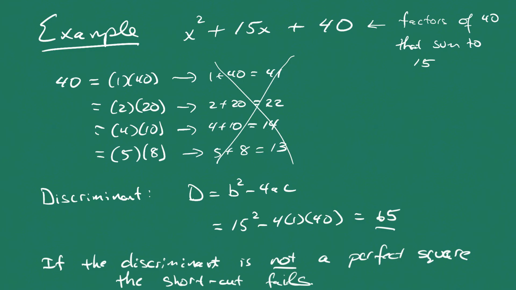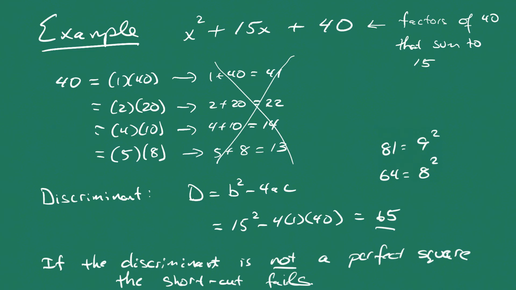And so one thing that we can do is to say, all right, well, 65 is not going to be one of our perfect squares. We have 64 on one side, which is 8 squared. We have 81 on the other side, which is 9 squared, and 65 in the middle, not a perfect square.